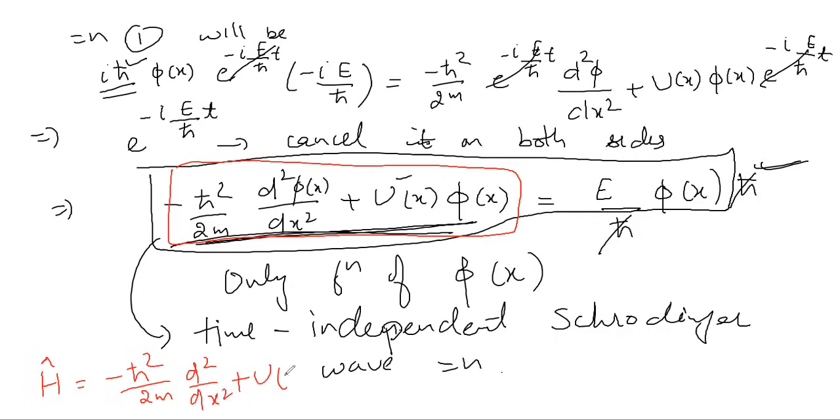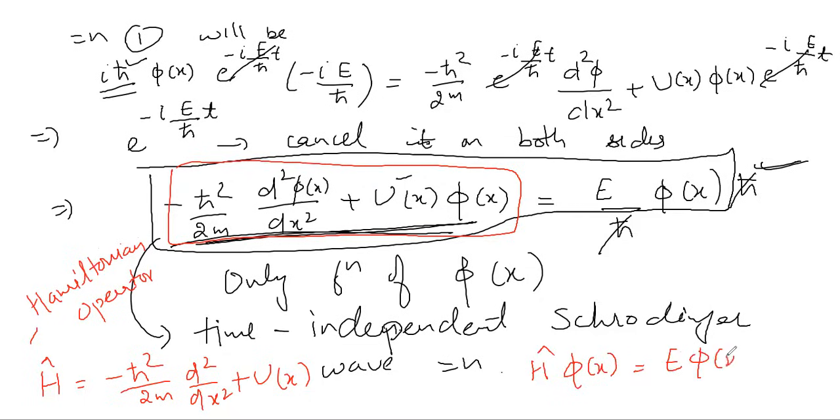Of course, your wave function is not going to stay now. When this Hamiltonian operator acts on the wave function, you get the energy, and these will be your energy eigenvalues.